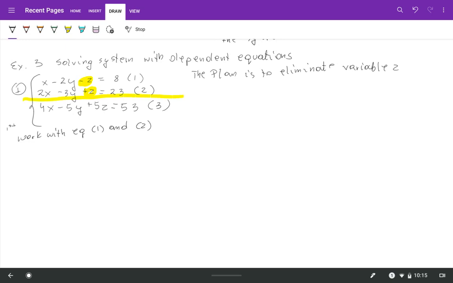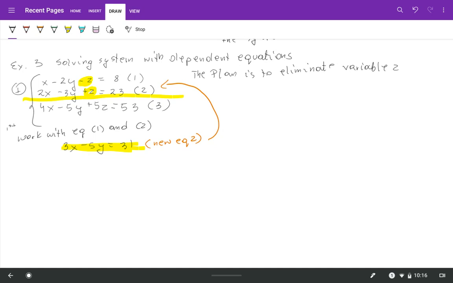So we have x plus 2x, which will give you 3x, negative 2y plus negative 3y, that is negative 5y, z cancels, and we have 23 plus 8, which will be 31. So this is new equation 2. That will replace equation 2 later.